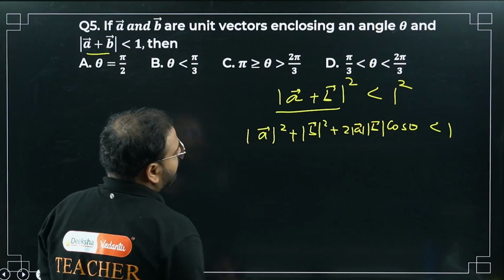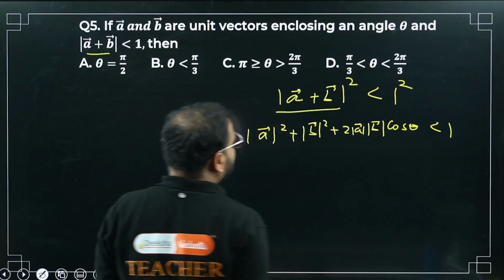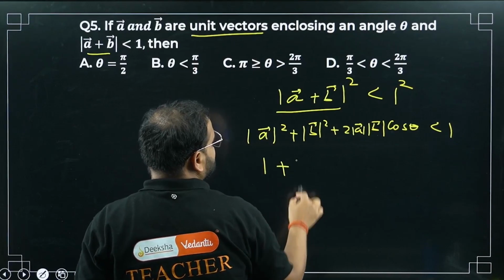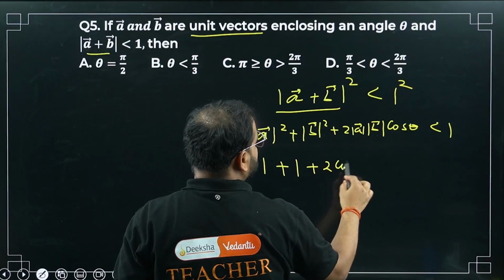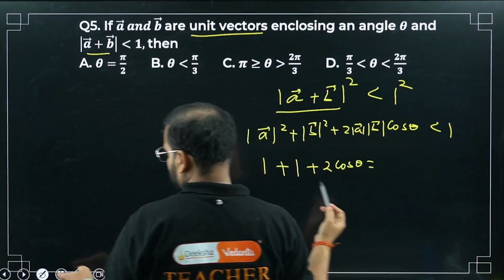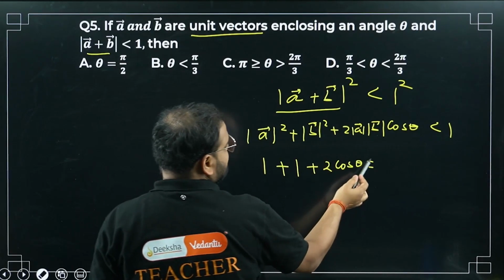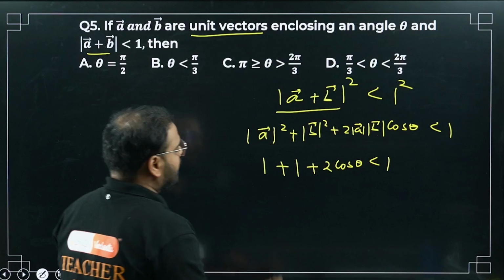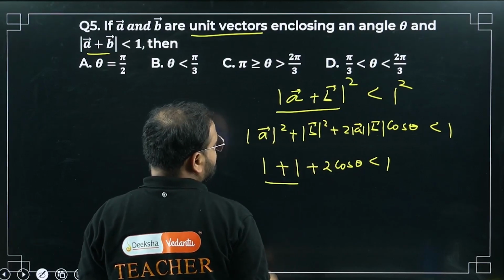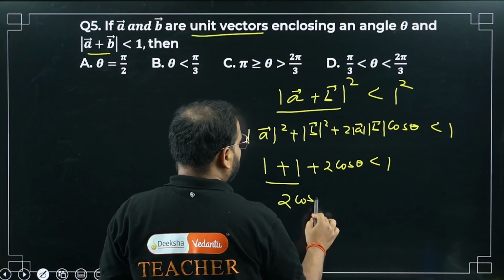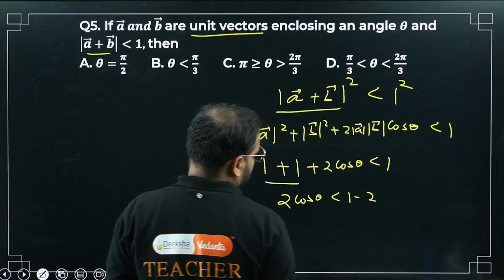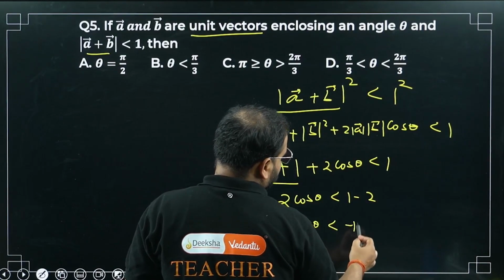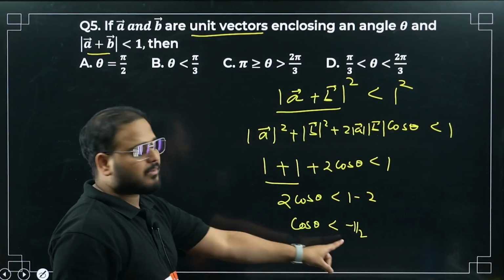Unit vectors, right? So I can write 1 plus 1 plus 2 cos theta, less than 1. Now bring this 2 to this side. 1 plus 1 is 2. I can write 2 cos theta is less than 1 minus 2. So cos theta is less than minus 1 by 2.